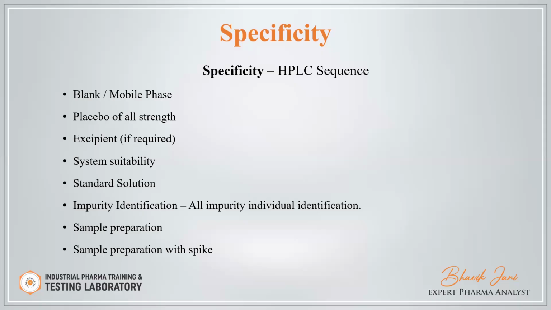If the method has four impurities A, B, C, D, you have to prepare individual identification solutions for A, B, C, D and inject those solutions. Then the sample preparation, and sample preparation with the spike. You have to spike the impurity in a sample preparation.